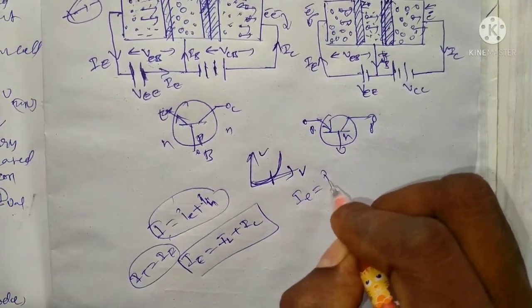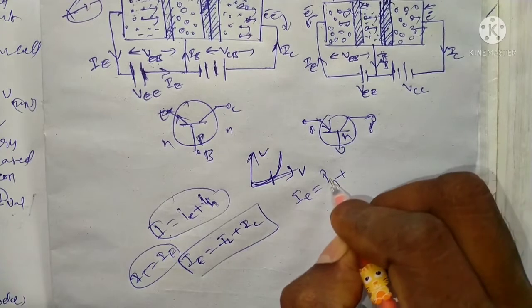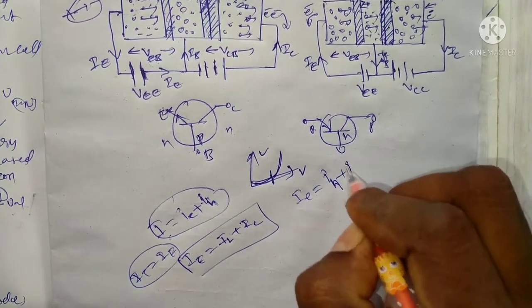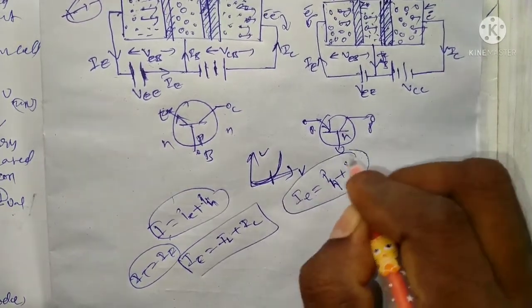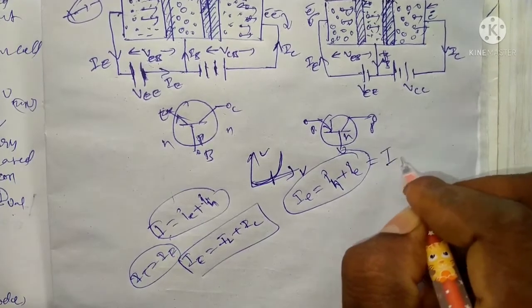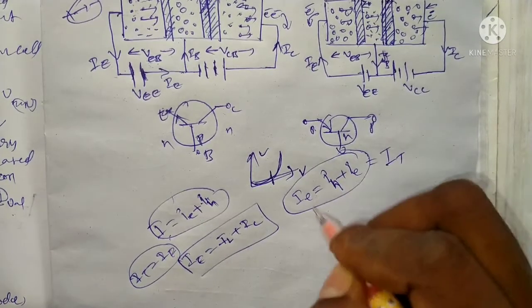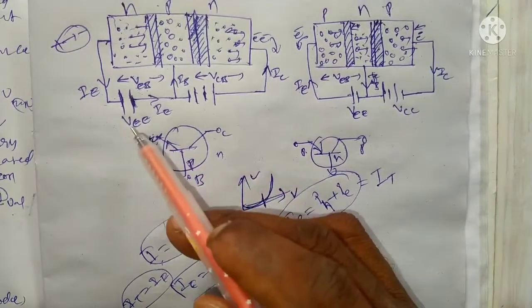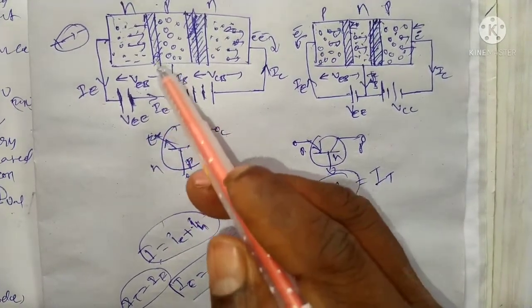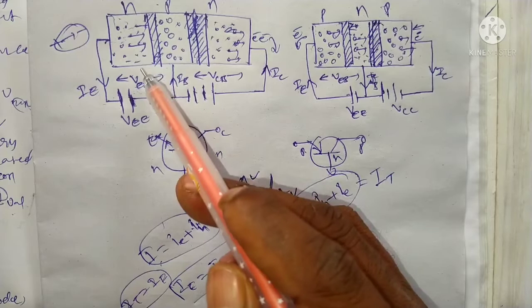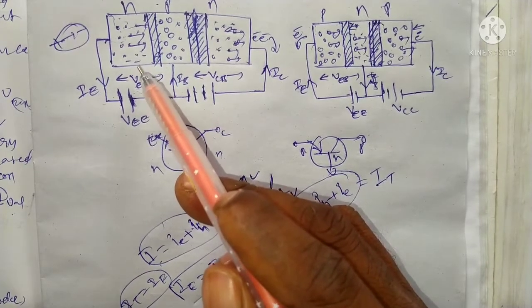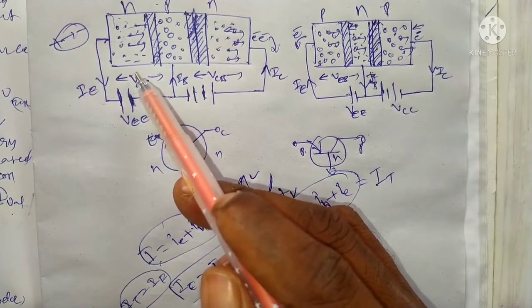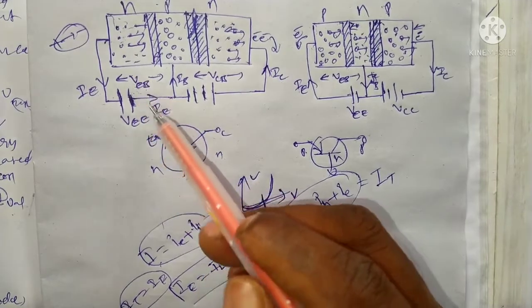This is the total current of the circuit. The total circuit current is due to the emitter current, because the emitter is heavily doped and has more charge carriers in the forward bias.